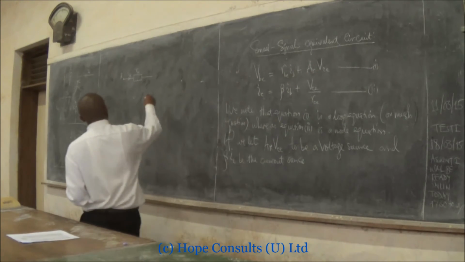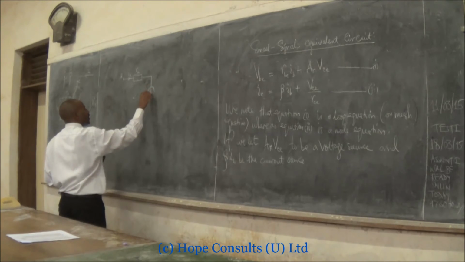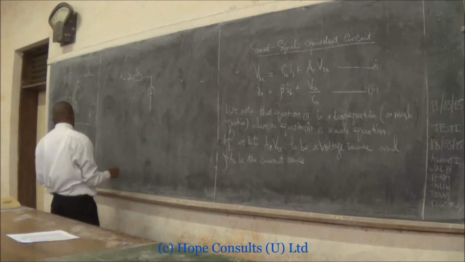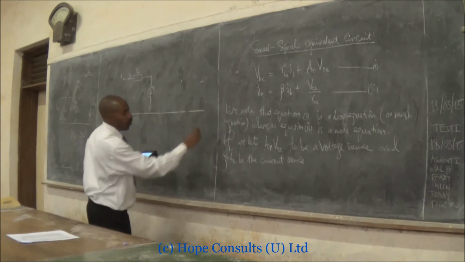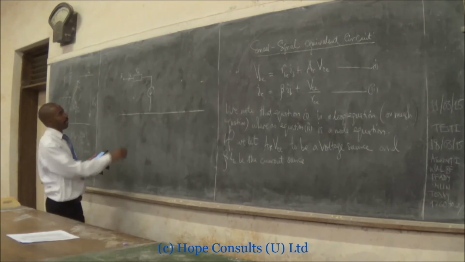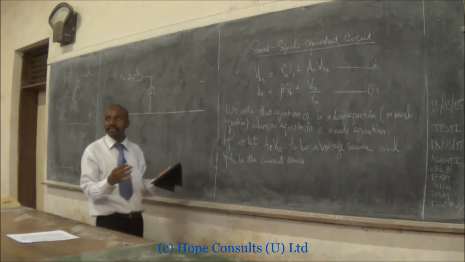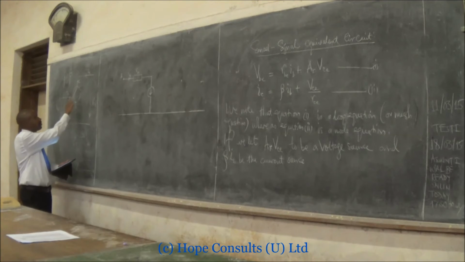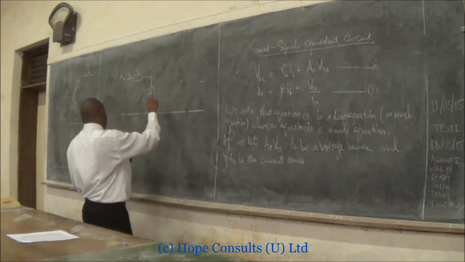So I will get a voltage source around here. And then I'll have my line for ground all through. And then on this other side of the transistor, I'll have a current source for this other equation.